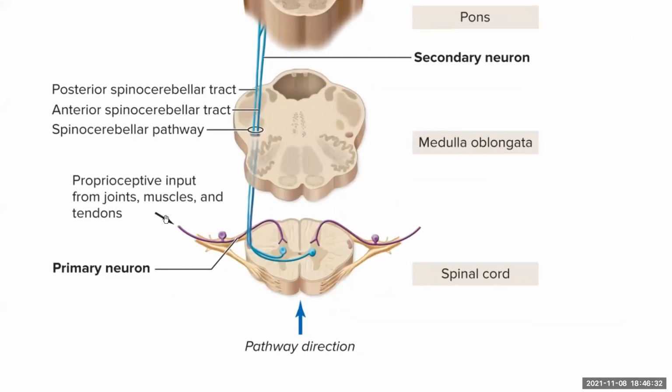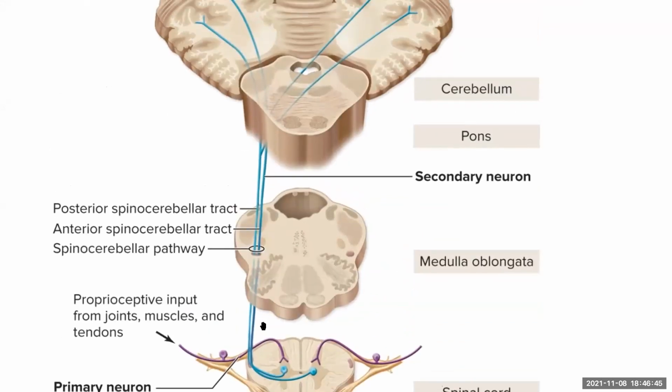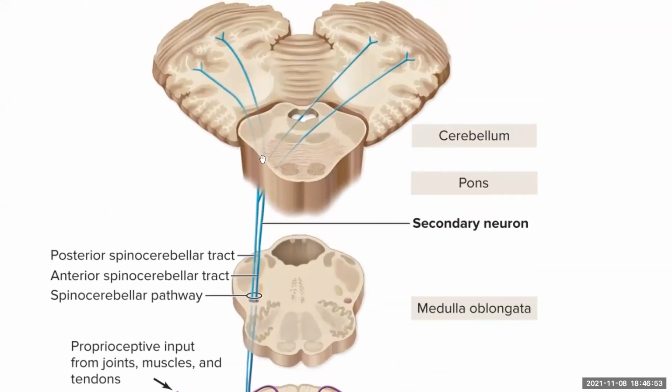Okay, so here you can see our primary neuron entering in. It's going to then synapse here onto the secondary neuron, and that secondary neuron is going to then ascend up through the brainstem, and it's going to get to the pons here, for example, and you can see how some will stay ipsilateral and some will cross over.